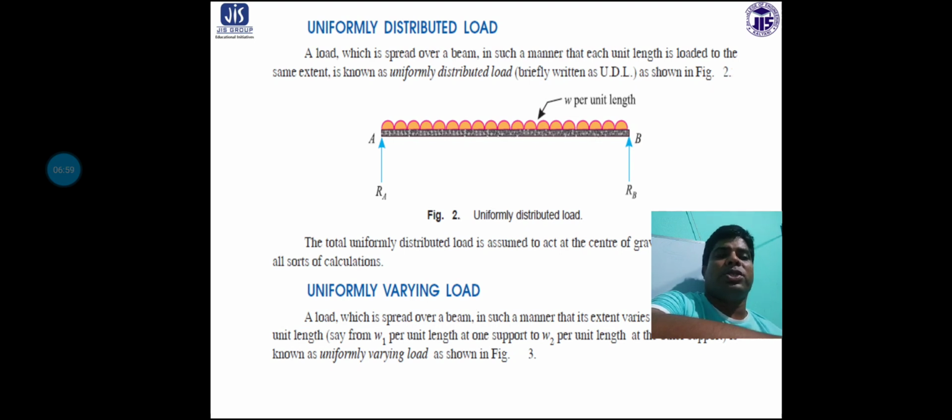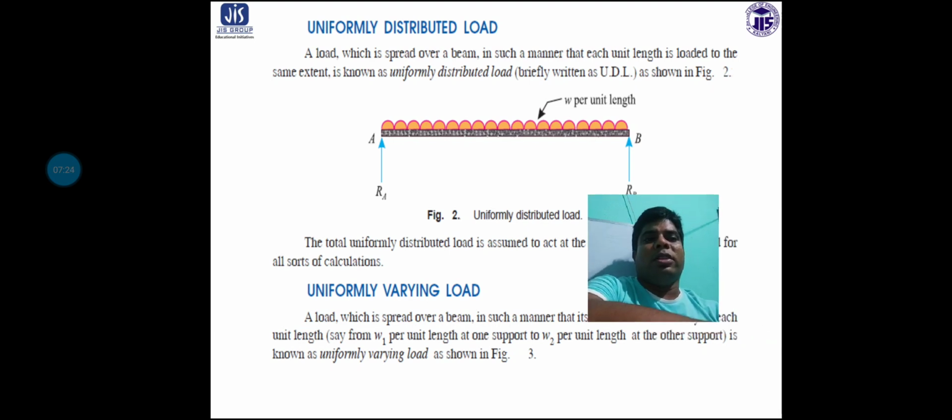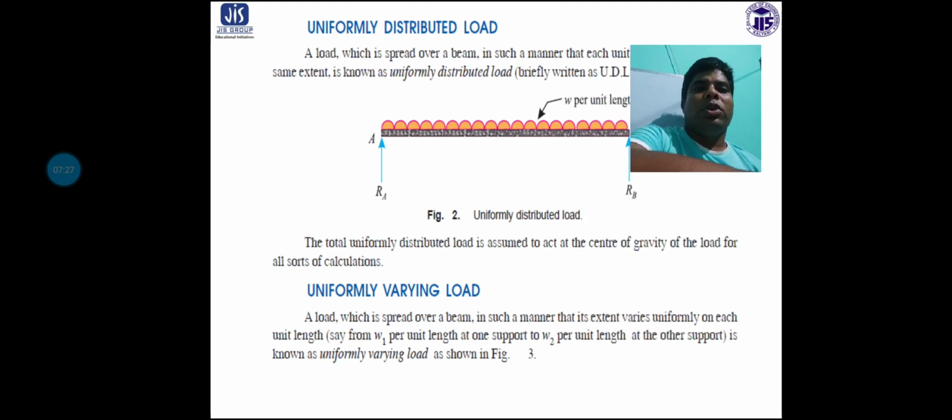The loading capacity and loading positions will be the same. There will be no variation of the loading system. At each and every point the loading will be the same, and the reaction will act in the upward direction, at point A the reaction will be RA, and at point B the reaction will be RB, and the total uniformly distributed load is assumed to act at the center of gravity of the load for all sorts of calculation.